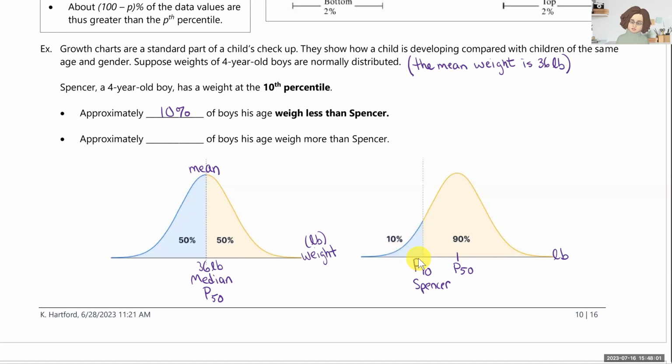And then of course, if 10% weigh less, then 100% minus the 10, the other 90% of boys would weigh more. So the 10th percentile says 10% weigh less, and that means approximately 90% of boys would weigh more. So I now know that Spencer here is below the median, so on the smaller side weight-wise compared to boys his age.